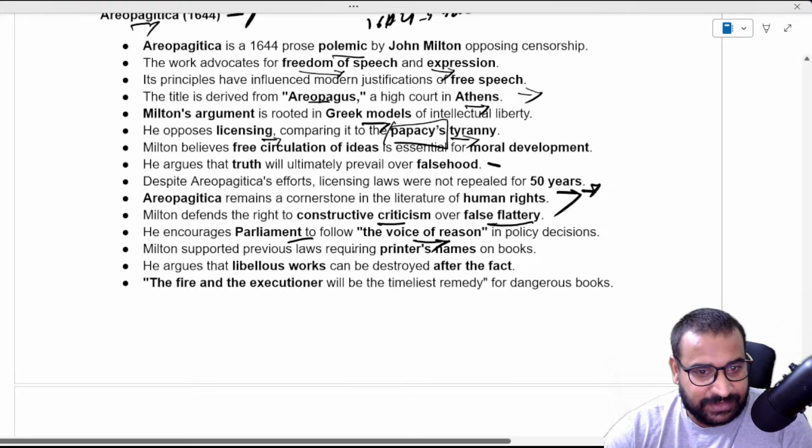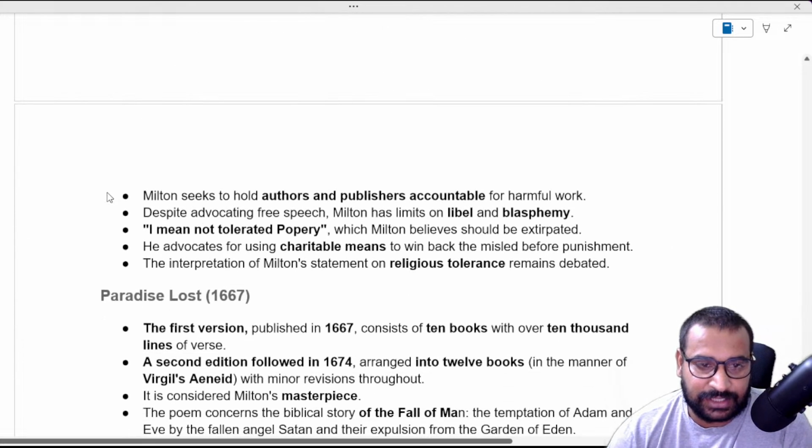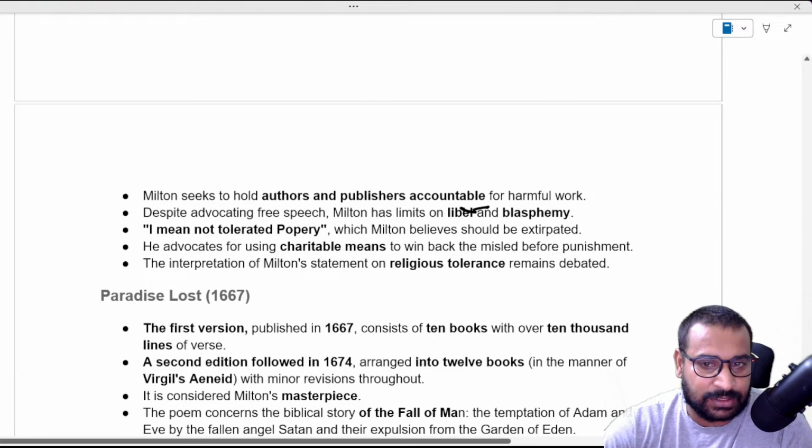Milton supported the previous law requiring the printer's name on books, and he argues that these works can be destroyed after the copyright is over, and that fire and the executioner are a timeless remedy for dangerous books. So Milton seeks to hold authors and publishers accountable for harmful work. Very important, this quote: I mean, not tolerate popery.